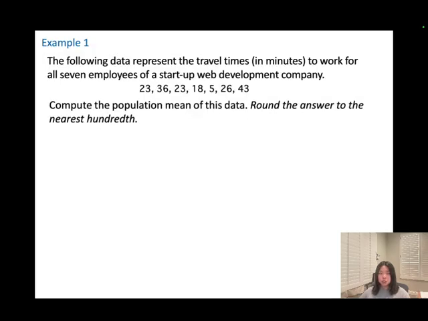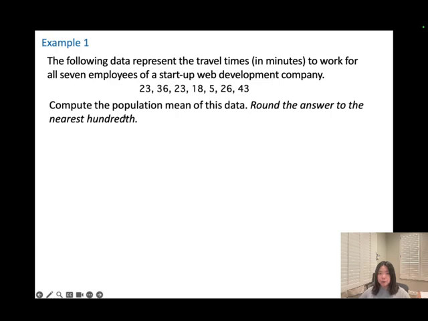Okay, now let's try to do the first example. The following data represent the travel times in minutes to work for all 7 employees of a startup web development company. So we have the data in here. Compute the population mean of this data. We want the answer to the nearest hundredth.